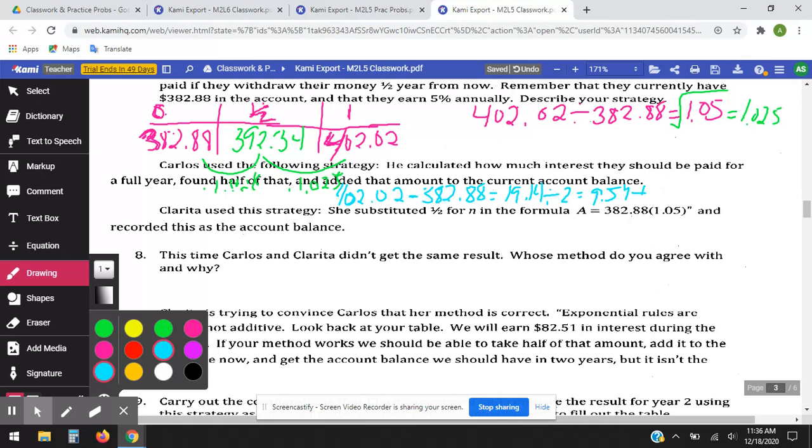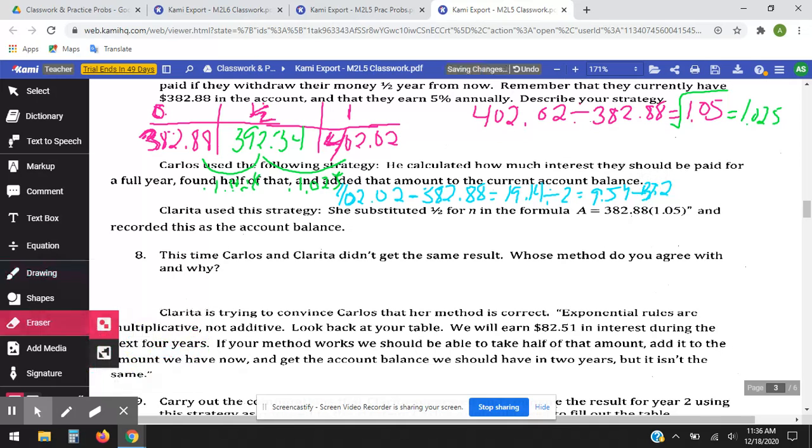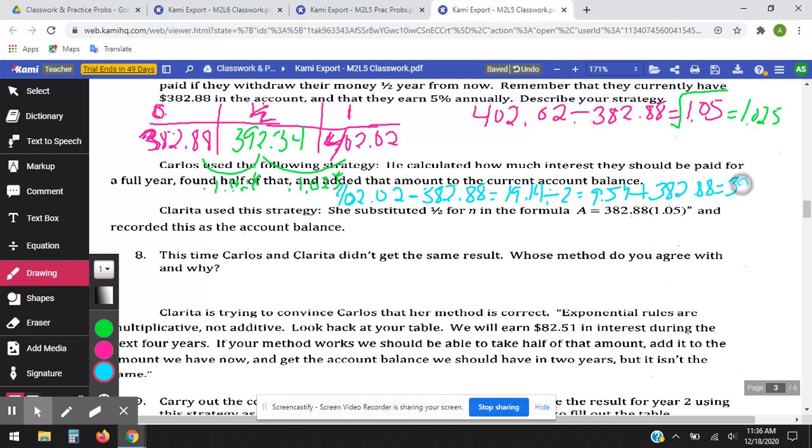And then we want to add it back to our original 382.88, and that gets us 392.45. Well, not too far off from our original. If we look at what we had, 392.34, 392.45, just a matter of a few cents. So at this point, it doesn't seem very far off, but let's see what Clarita's looks like.